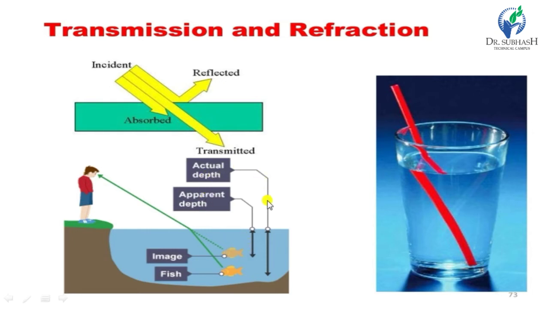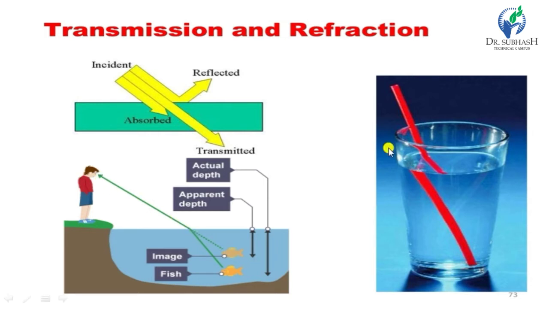Now for the transmitted energy, one person is looking at the corner of a pond, and a fish is seen here, right? Actually the fish is here, but the person sees it there, and the actual depth differs from the apparent depth, which is the visualized depth.